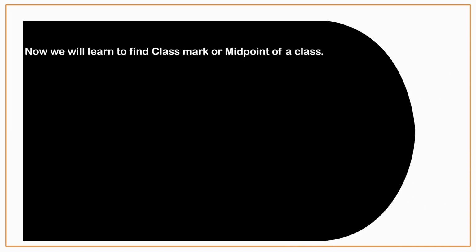Now we will learn to find the class mark or midpoint of a class. Now what is class mark? Class mark is lower limit plus upper limit divided by 2. I hope now you understand what lower limit and upper limit mean. Lower limit means in any class interval, the first number that is written, and the next number that is written is the upper limit, right?